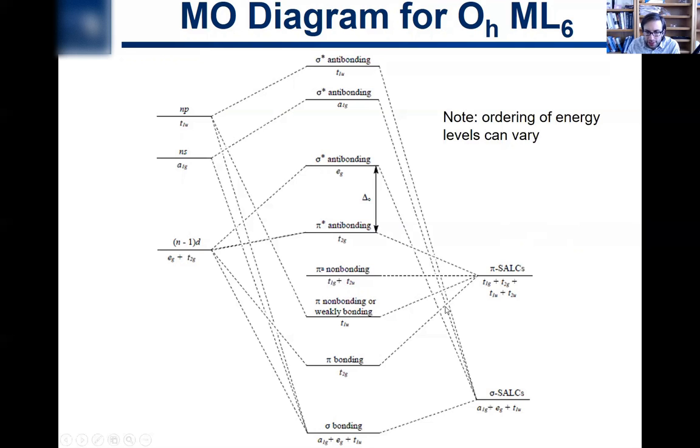Basically, now you're going to have a non-bonding T1u, or maybe it's weakly bonding if it can interact with the T1u up here, but that's pretty high in energy. So that's why I put non-bonding or weakly bonding. Then you have these extra non-bonding pi orbitals, the ones left over from the SALCs, the T1g and the T2u.